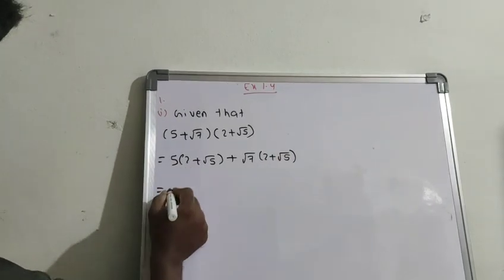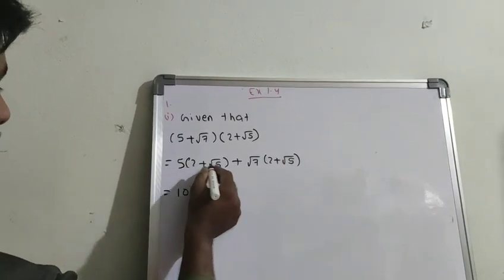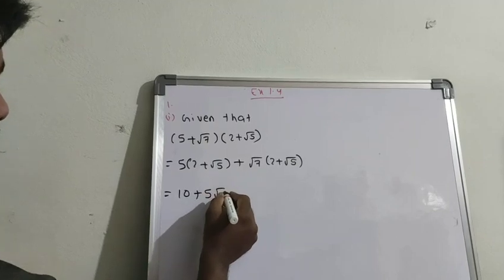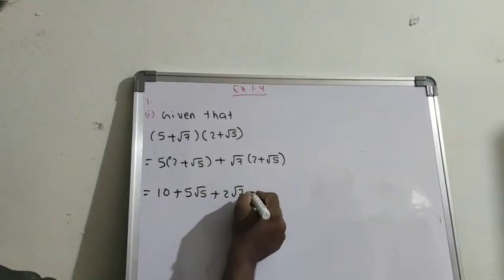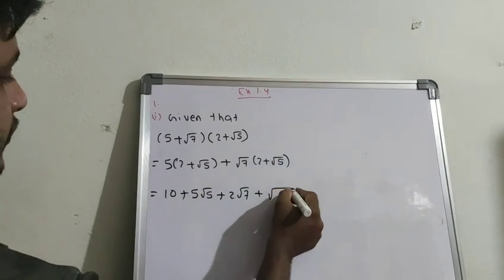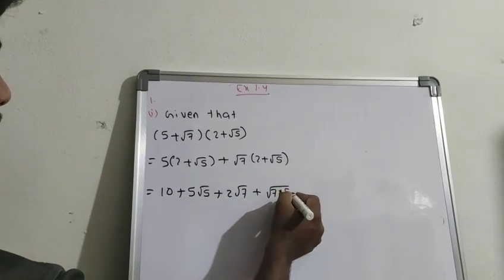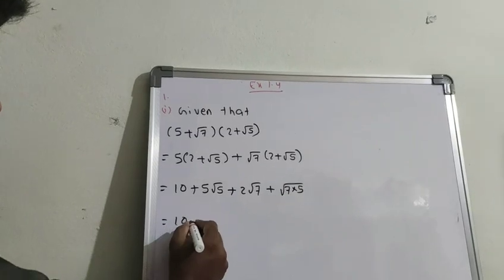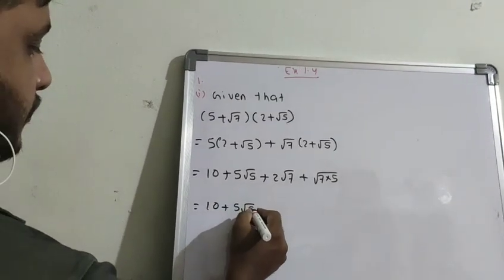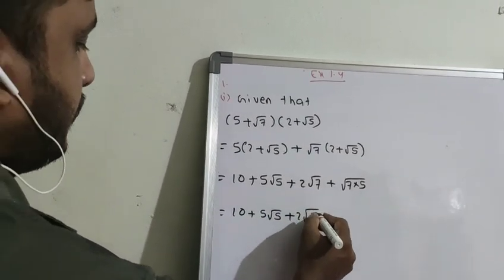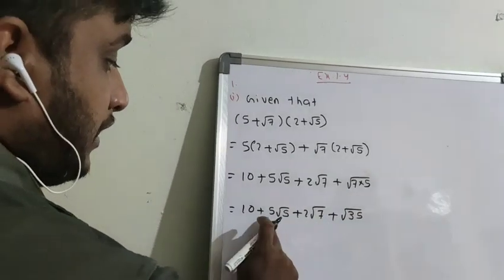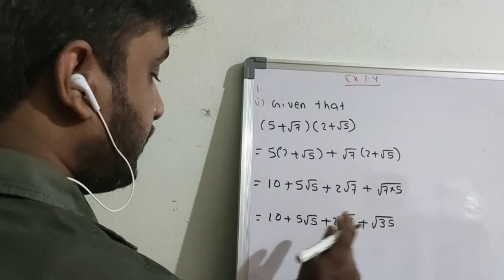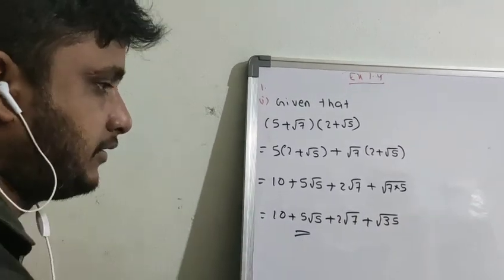So 5 into 2 is 10, plus 5 into root 5 is 5 root 5, plus root 7 into 2 is 2 root 7, plus root 7 into root 5 is root 35. So 10 plus 5 root 5 plus 2 root 7 plus root 35. Observe, are there any similar terms? No similar terms, so this is the answer.